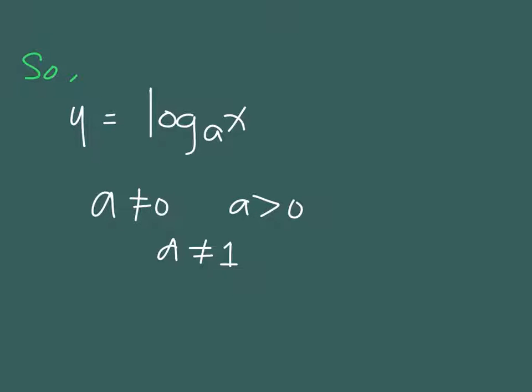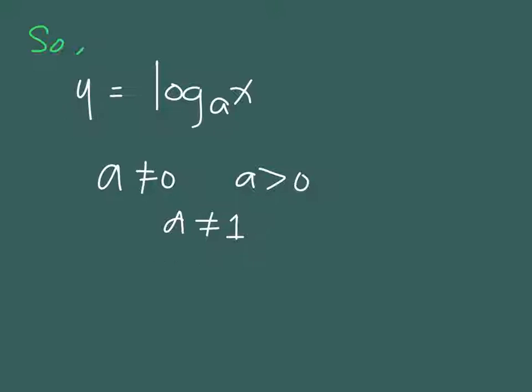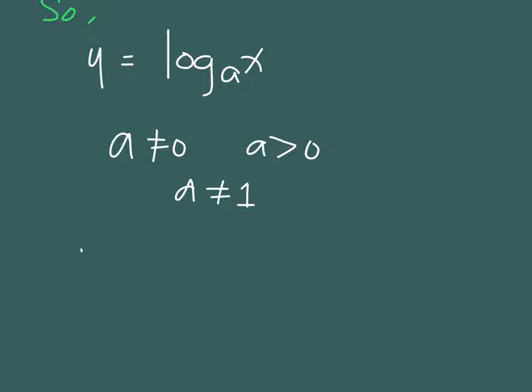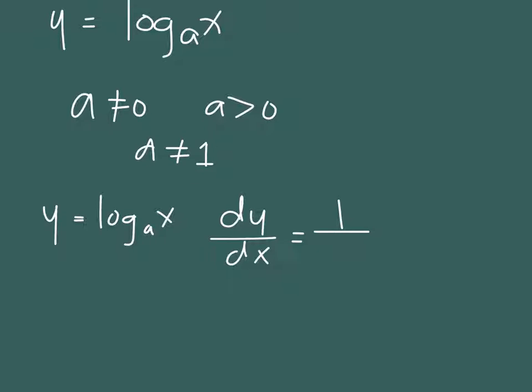Okay. So the rule says, if y is equal to log base a of x, then dy over dx is equal to 1 over x, and then down below, we also have ln of the base. So ln is in the denominator, ln a.